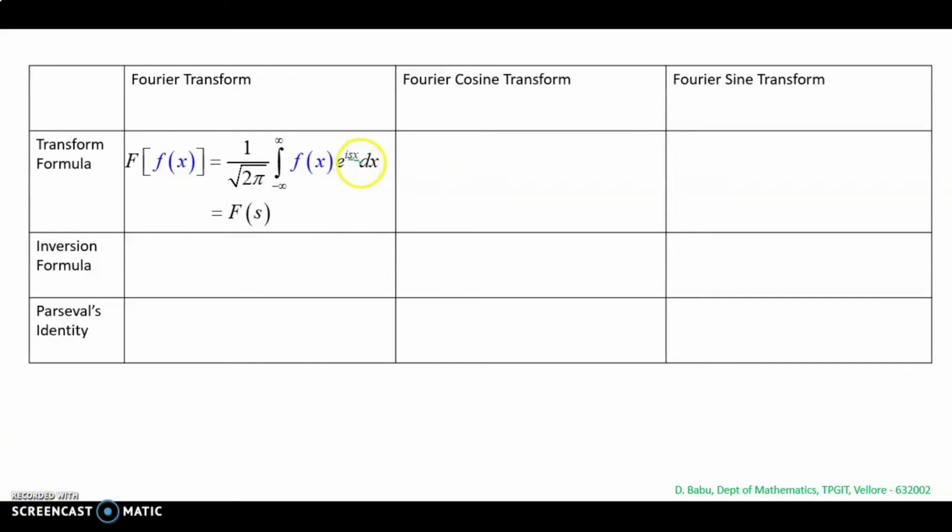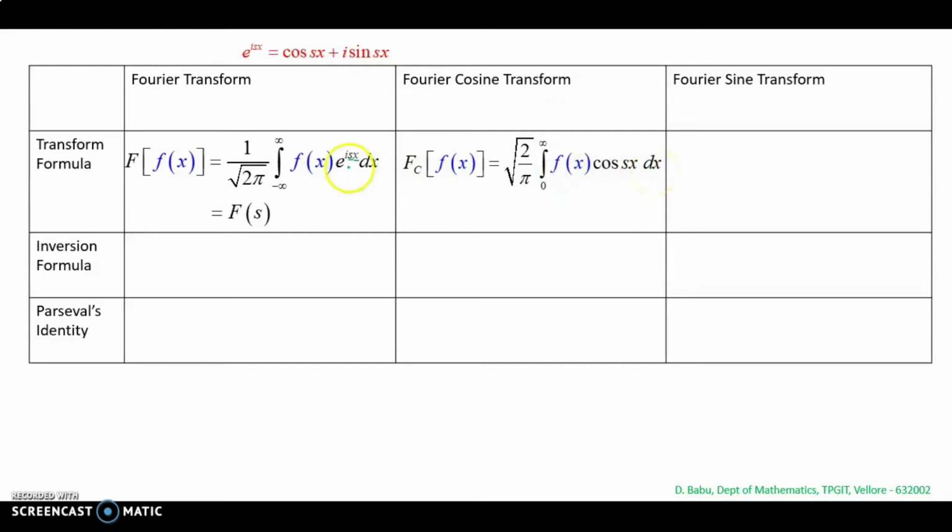We know that e power i theta is cos theta plus i sin theta. Therefore, e power isx is cos sx plus i sin sx. So the Fourier cosine transform formula is Fourier cosine of f of x equal to square root of 2 by pi, 0 to infinity, f of x cos sx into dx.